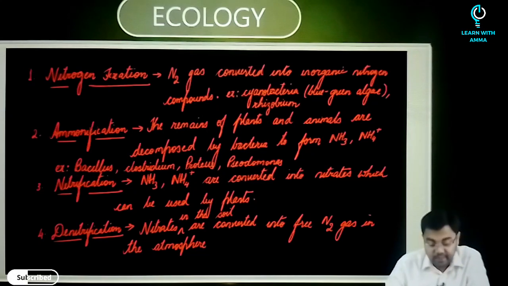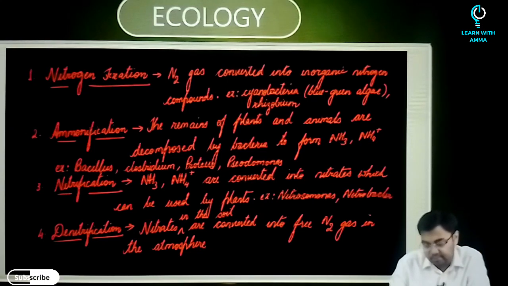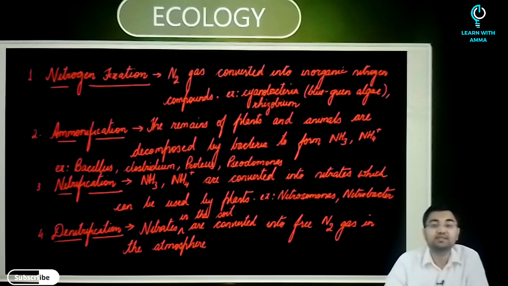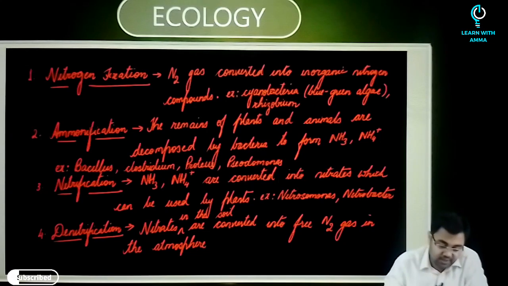Then another set of bacteria which help in nitrification, you can take two examples here. One, Nitrosomonas, and second, Nitrobacter. So Nitrosomonas and Nitrobacter can be taken as two examples for nitrification bacteria or nitrifying bacteria.